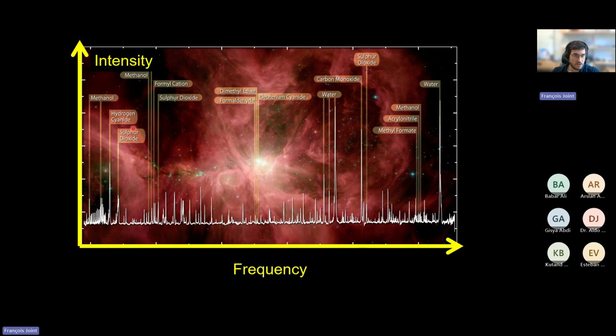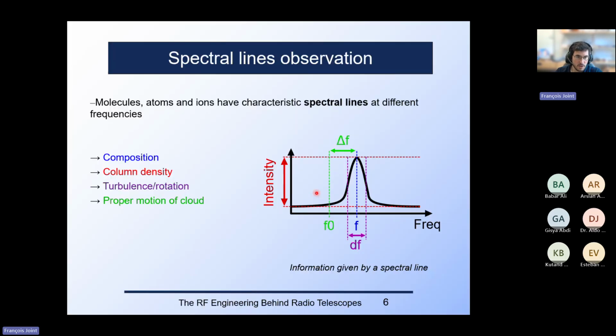It's a brightness temperature in Kelvin usually, or flux density in Jansky. And the area below the lines is usually an integrated intensity, and it relates how much of the specific molecule is along the line of sight. So with just these two axes, we can now read a bit of the spectrum that we get in radio astronomy.